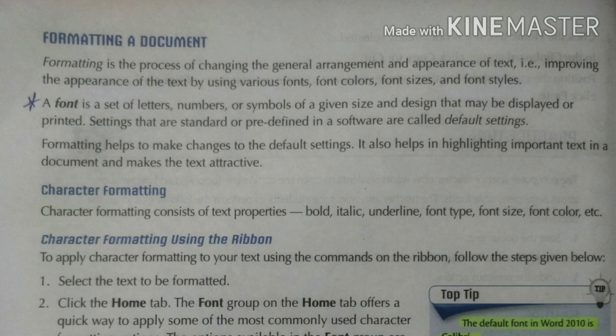If you get this question, you have to answer that formatting is the process of changing the general arrangement and appearance of text, that is, improving the appearance of the text by using various fonts, font colors, font size and font styles. By using these features you can change the look of your document.